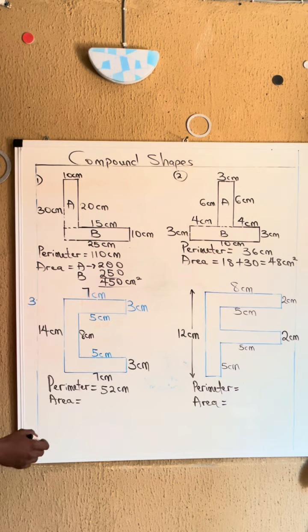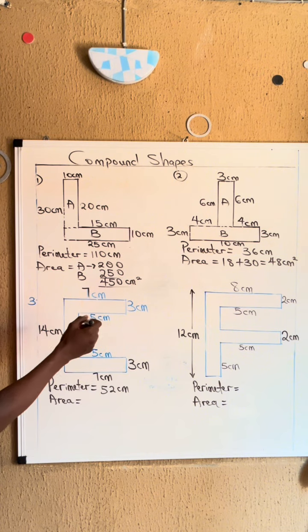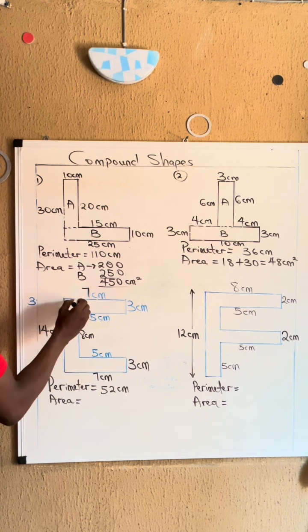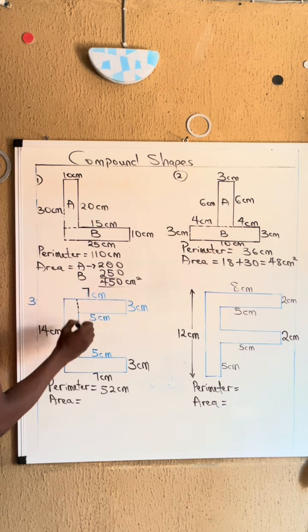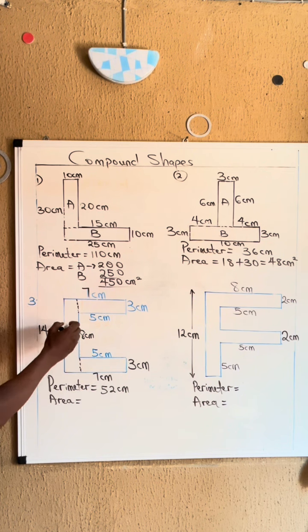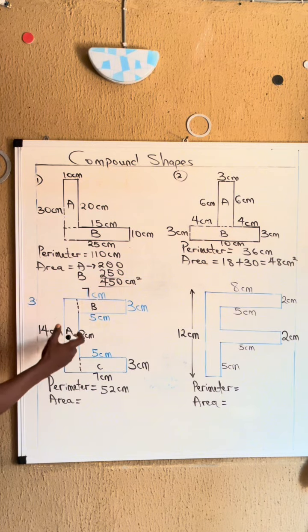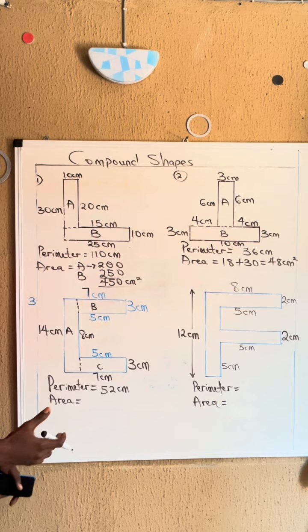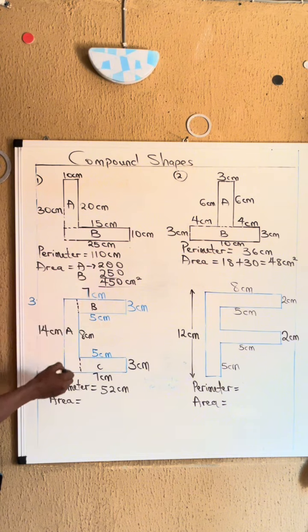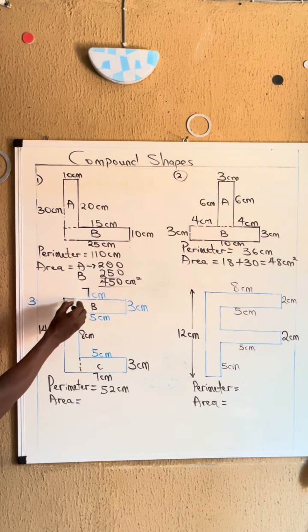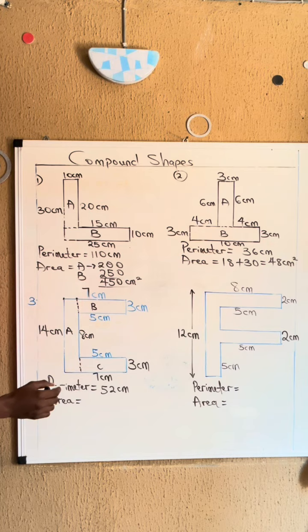For the area, I can decide to do this. Cut from here, and cut from here also. And so let's call this A, B, and C. What is the area of A? 14 times this, the distance from this place to this place.